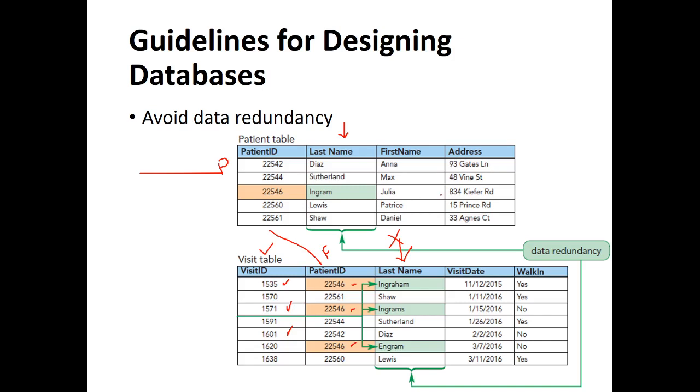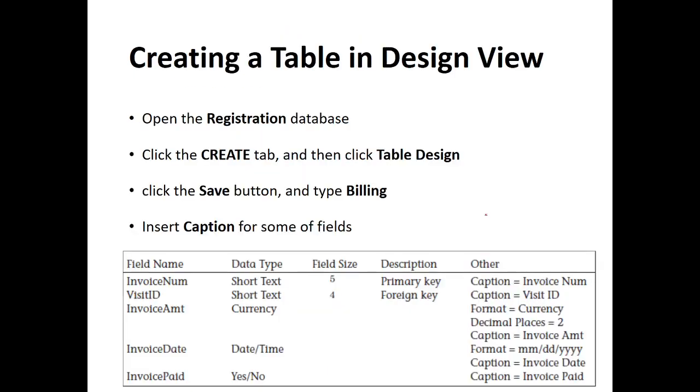But last name, first name, any other column other than the key, if you are using it in another table, this is what we call data redundancy, and this is not a good practice unless you are sure that you really need it. And we have some special cases where we can encourage data redundancy, but not all the time.